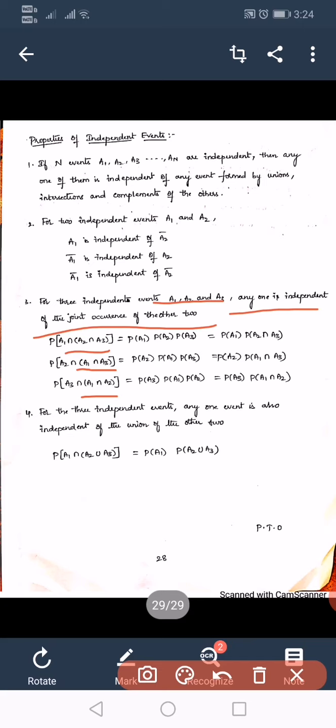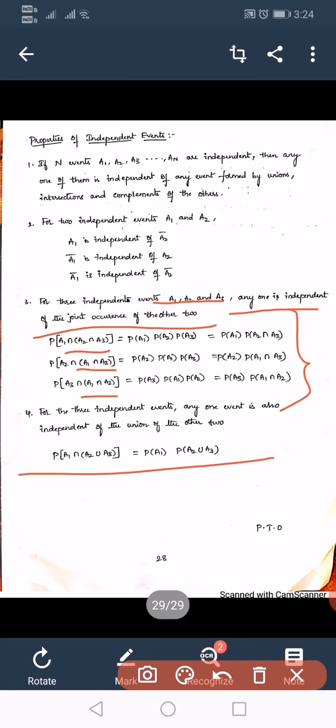Probability of A1 intersection A2 intersection A3 is P of A1 into P of A2 into P of A3. In the same way we can write for the other two also. And the last property, for three independent events, any one event is also independent of the union of the other two. Okay, this one we can write.